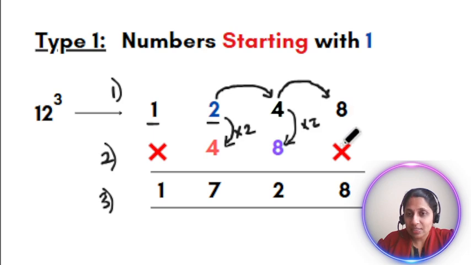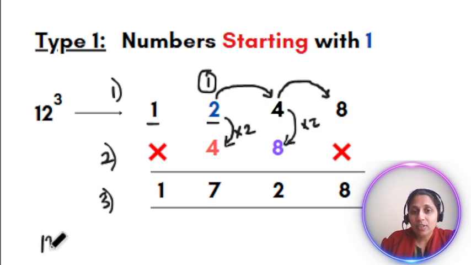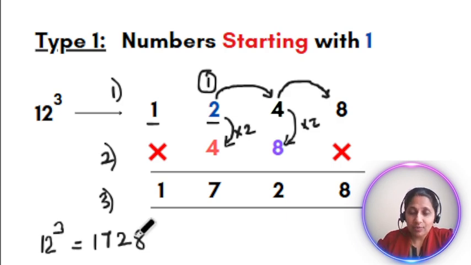So 8 plus nothing gives you 8. 4 plus 8 gives you 12, so 2 here and 1 carried forward. And 1 plus 2 plus 4 gives you 7 and 1 aside. So 12 cube is 1728. It's as simple as that. Within 3 steps, you can solve this problem. And each step takes a minimum of 2 to 3 seconds.